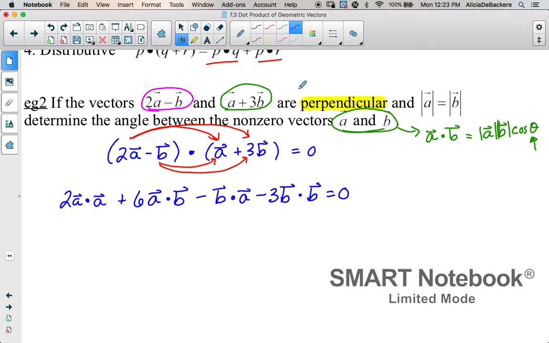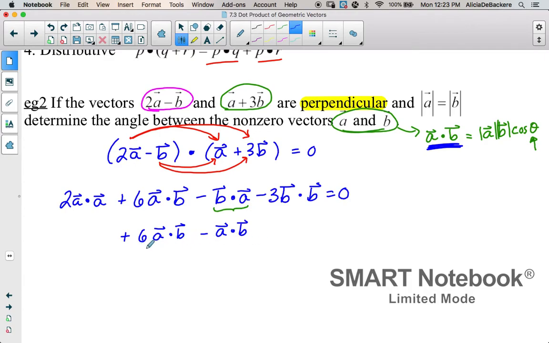All right, so now we're going to try and clean this up. I see some of this happening, which is what I wanted. That was my goal. And so what I can do here, I know that one of the things I can switch is that b dot a, the order doesn't matter. So this is the same as a dot b. So that's going to be nice for me, because now it's almost like having like terms here.